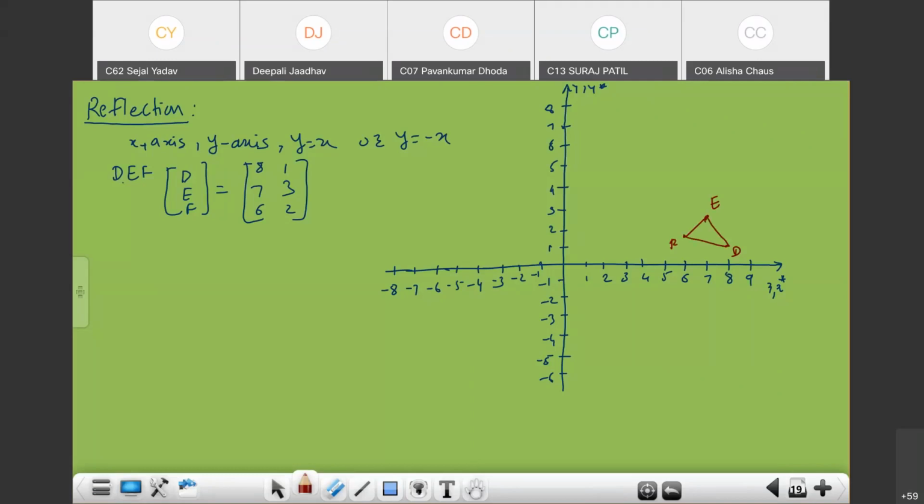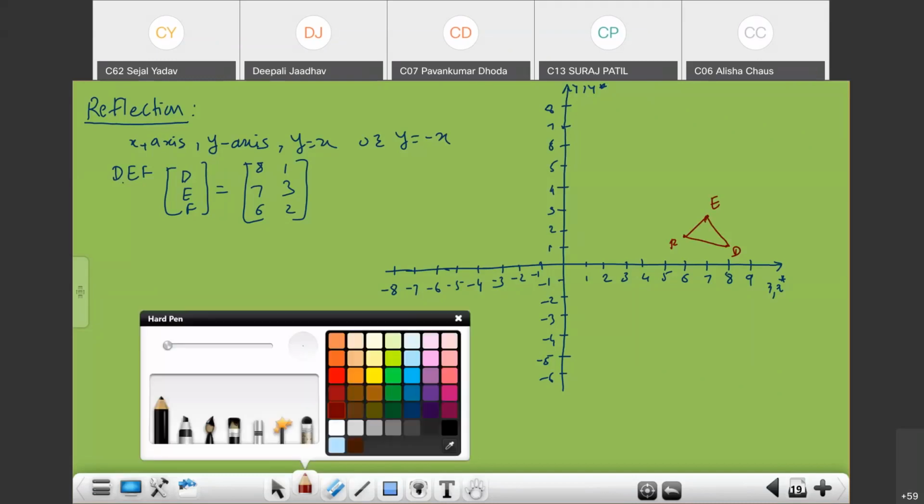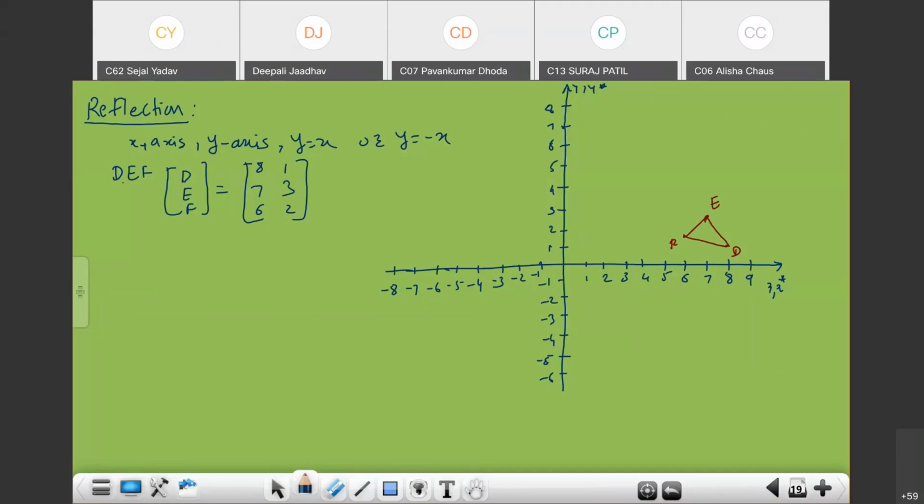We are going to reflect it first through the x-axis, y-axis, and y is equal to x or y is equal to minus x axis. So first, case one, reflection through the x-axis.